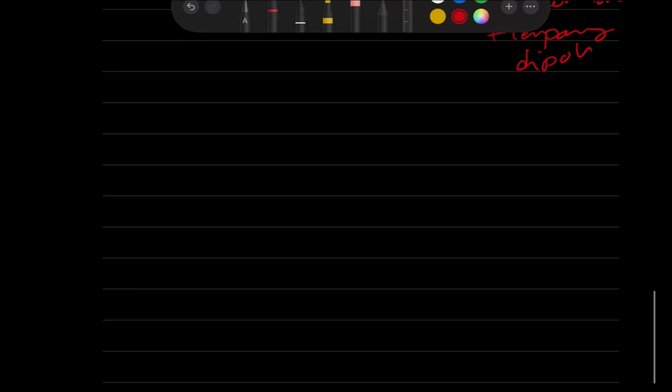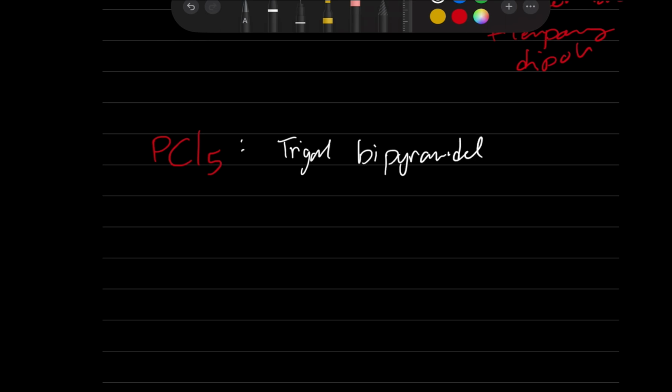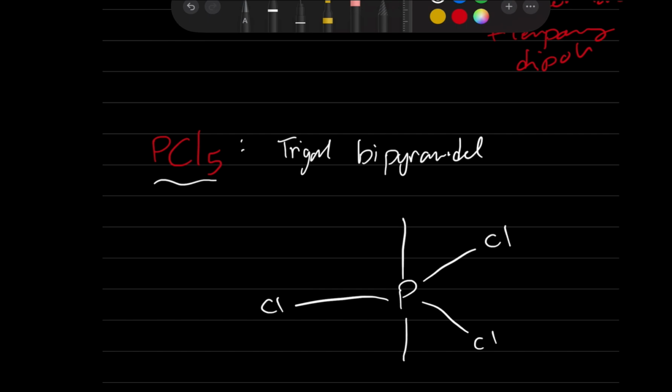Let's go to the last one, or before the last one, PCl5. You remember from the lesson on geometry, it has a trigonal bipyramidal shape. Let's draw it. We have P, and this one looks like a spinner. We have Cl, and we have one up and one down.